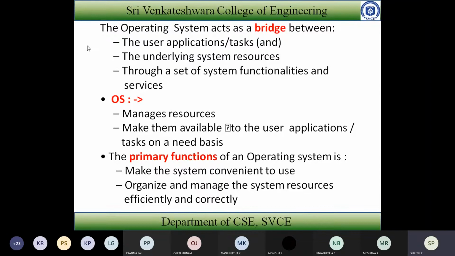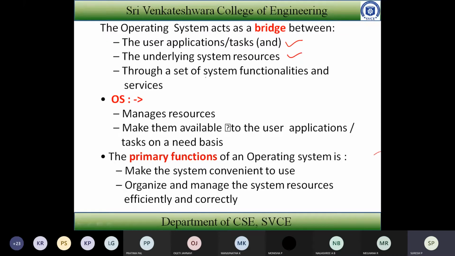According to the textbook, the basic definition of an operating system is that it acts as a bridge between the user application and the underlying system resources, which you access through a set of system functionalities and services.